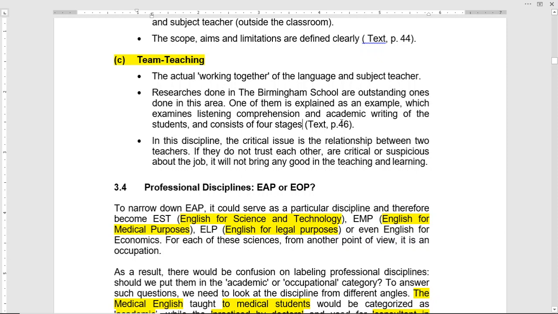So you can read that area. The critical issue is the relationship between the 2 teachers. If they do not trust each other, or are critical or suspicious about the job, it will not bring any good. So this is a new area, English across the curriculum, subject teacher and English teacher working together. So think about it. I think we need it in Sri Lanka; it will be very essential.